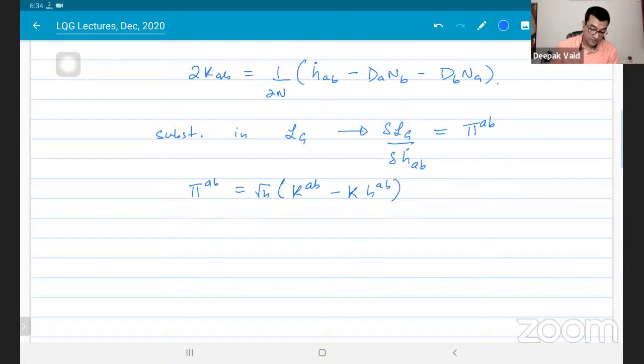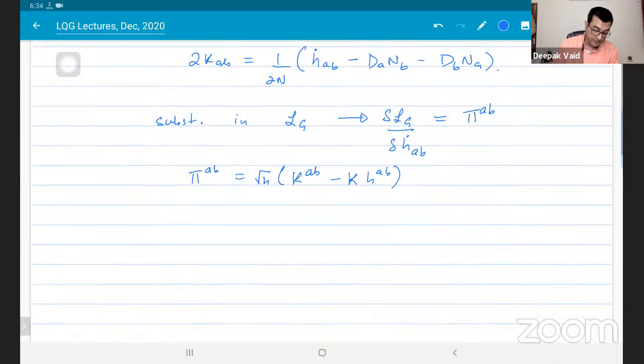So finally, what we have is our phase space. Our phase space consists of the spatial metric on a 3-manifold and the conjugate momentum. And the conjugate momentum is a function of the extrinsic curvature. So this is sort of what we expect, right? Because the extrinsic curvature tells us how the intrinsic metric changes.